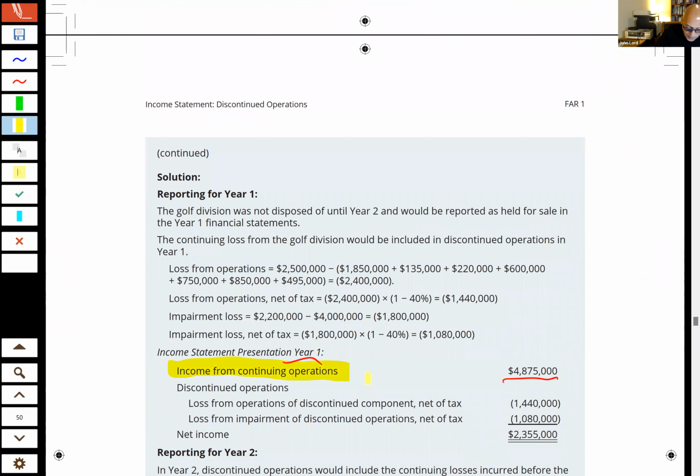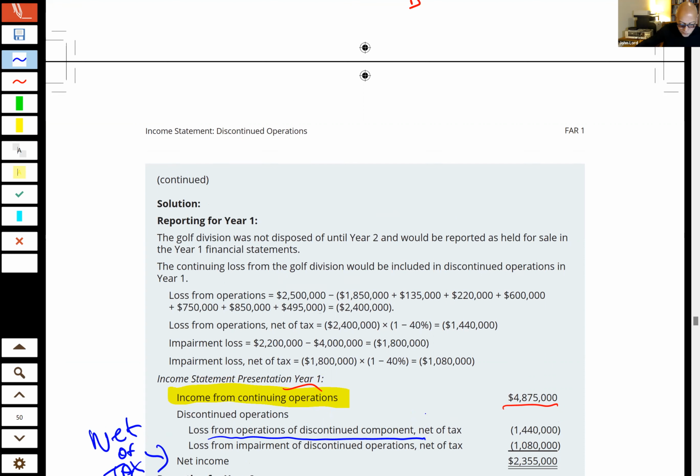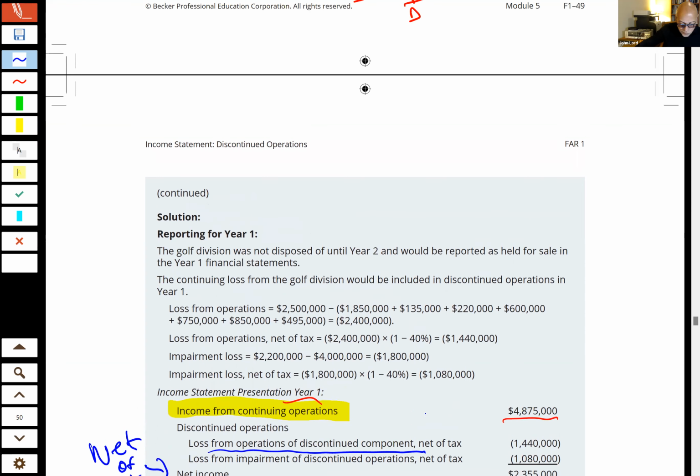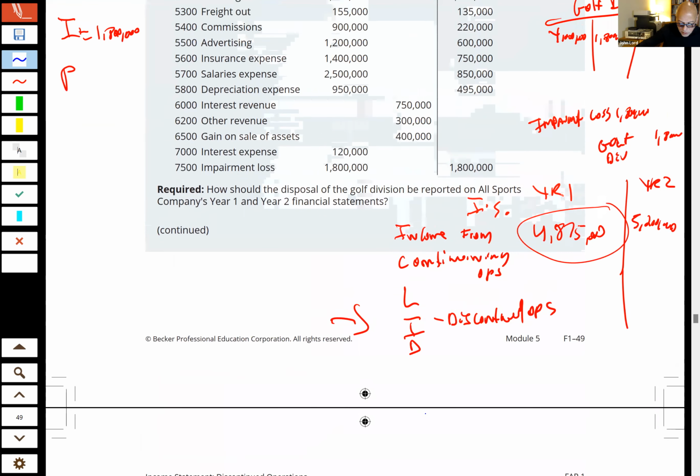And let's see where they got these numbers from, because we know that these numbers are net of tax. So let's see where they got this loss from the operation of the discontinued segment. And so we come over and where do they tell us that the thing lost 2.4?